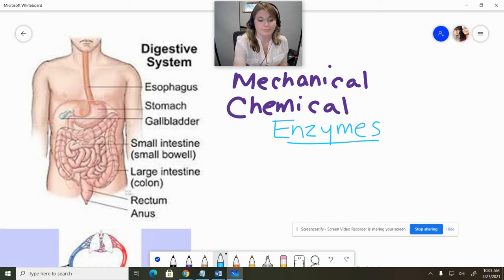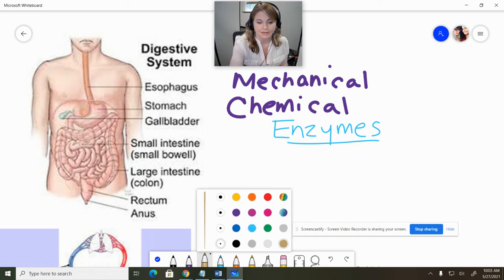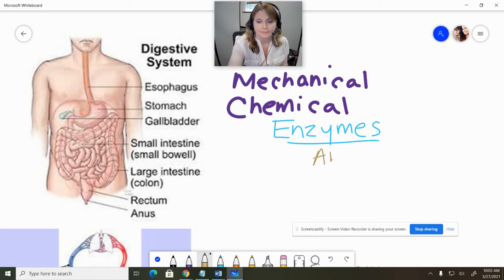There's one kind of enzyme you find in your mouth and in your small intestines that's known as amylase. Amylase is a digestive enzyme that breaks down starch.